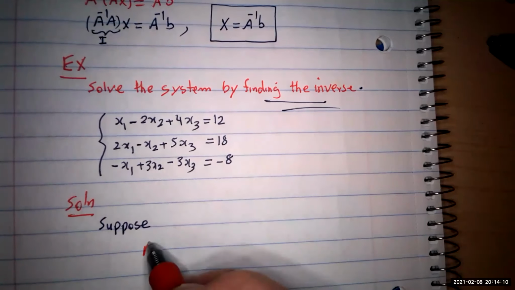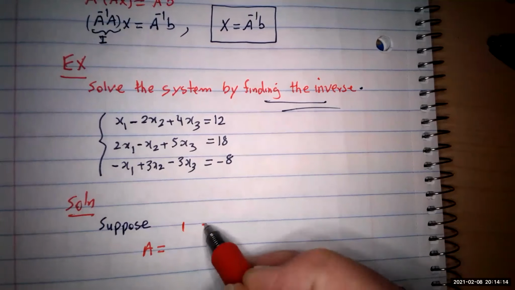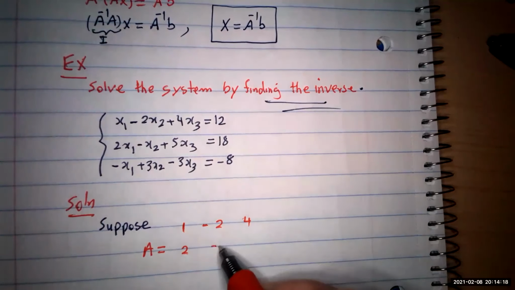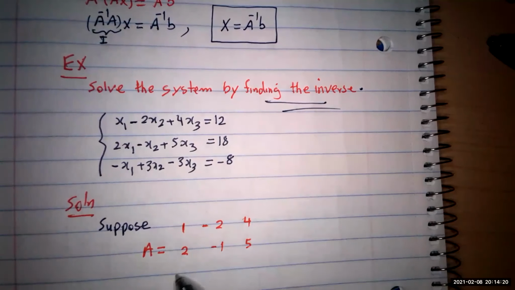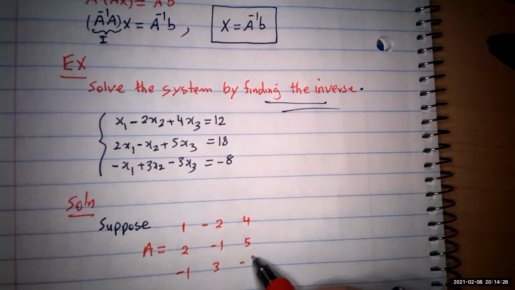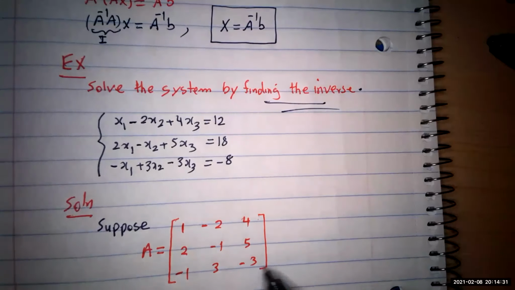So A is equal to 1, -2, 4, then 2, -1, 5, and then -1, 3, and -3. This is going to be the matrix of the coefficients.